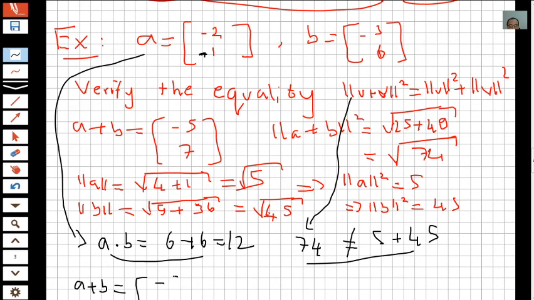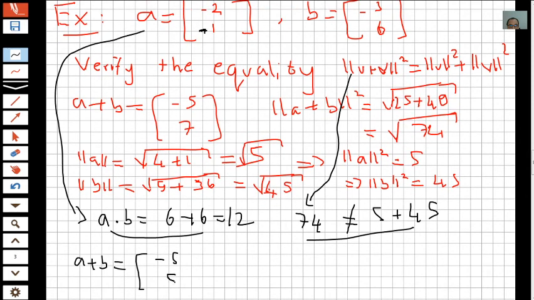minus 5, minus 5, and the square of the length of the addition will be 25 plus 25, which is 50.